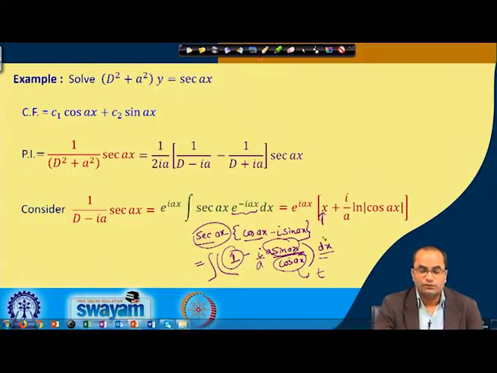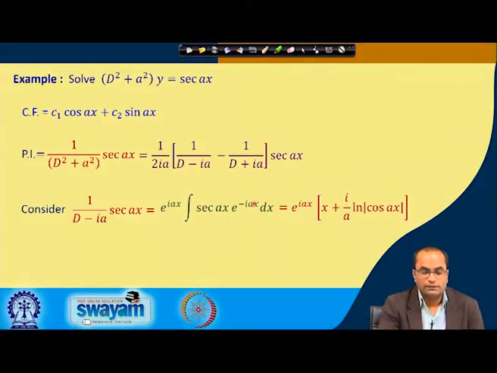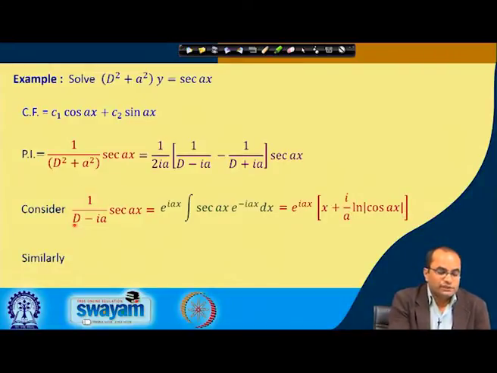So, the value of this integral will be, with plus sign, i over a and this logarithmic, because this is like 1 over t. So, the logarithm of cos ax, which is written here. This is nothing but x plus i over a and the logarithm of cos ax with the modulus.